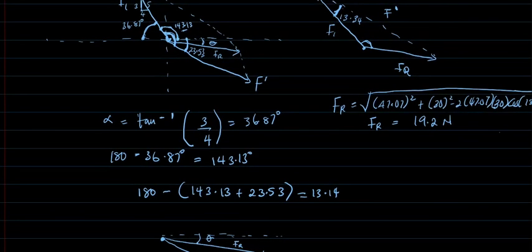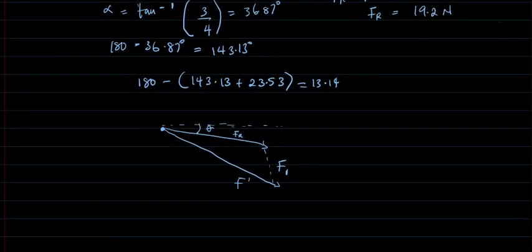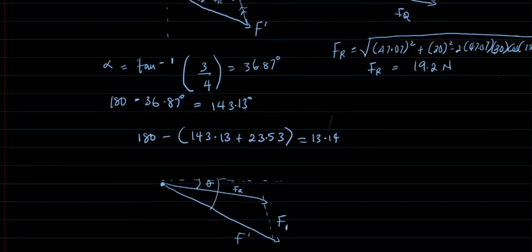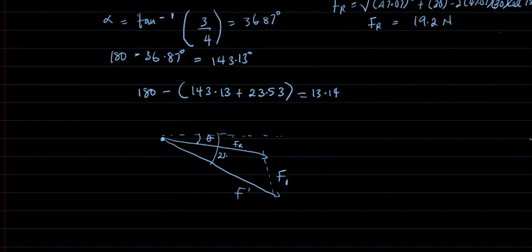You can see it's parallel. Lines are parallel. I'm going to find, we already know the angle from this point to this point, 23.53. We know the angle from this point to this point, so let's just put it as phi. So if we can get the angle from this point to this point, we can simply say 23.53 minus this angle to get theta. So we're just simply going to use the sine rule to solve this out.